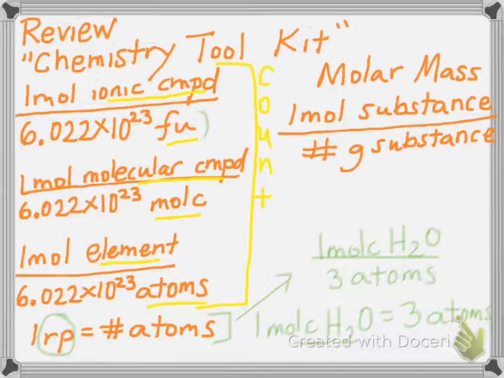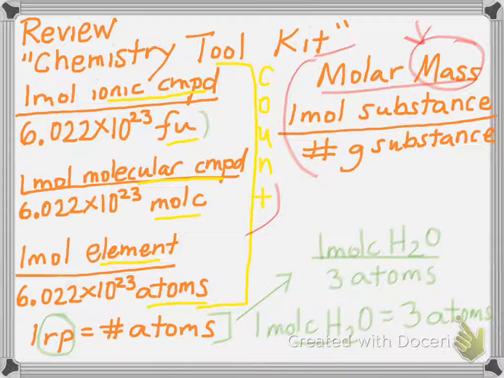Yesterday, you were introduced to the conversion factor of molar mass. This is for mass. There are 3 ways of measuring matter: counting, which we have here, mass, which we're talking about now, and then tomorrow we'll talk about volume. This conversion factor has a special name, molar mass, and 1 mole of a substance is some number of grams of substance.